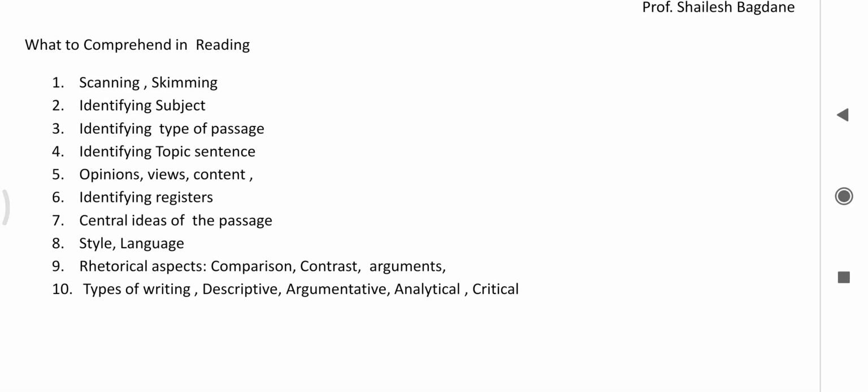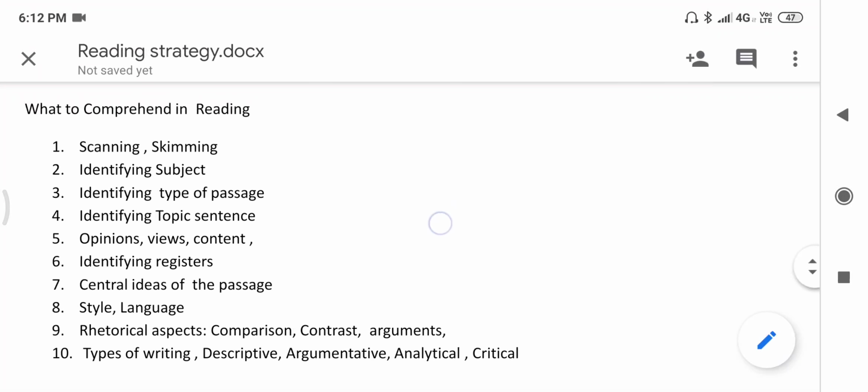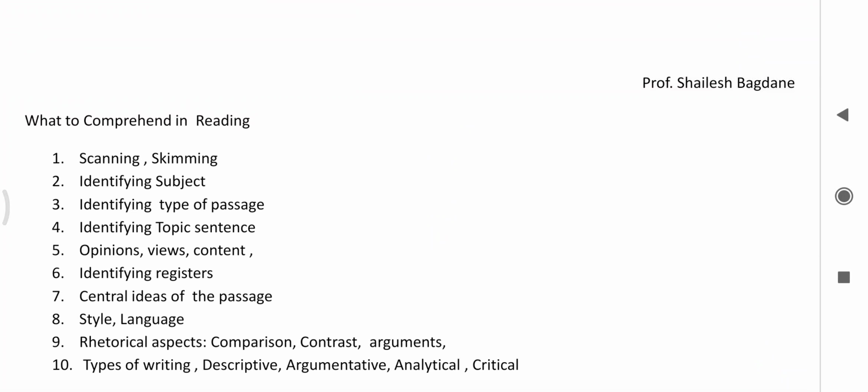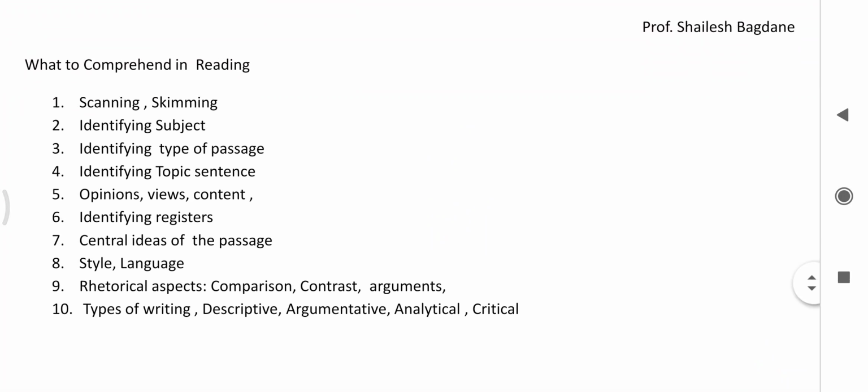It's a different deep study that the language stands for, but for our understanding, it is always better, as a student, to know at the very outset what the reading strategies are, in what way we have to go and read.